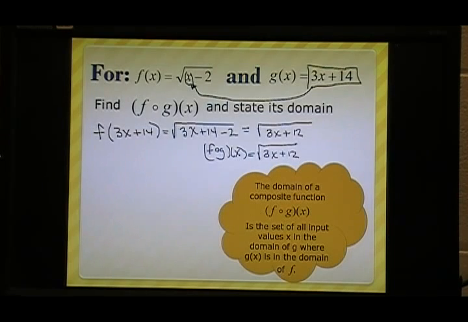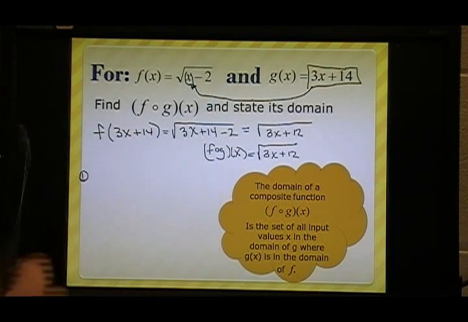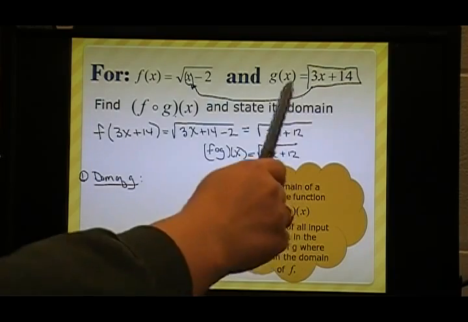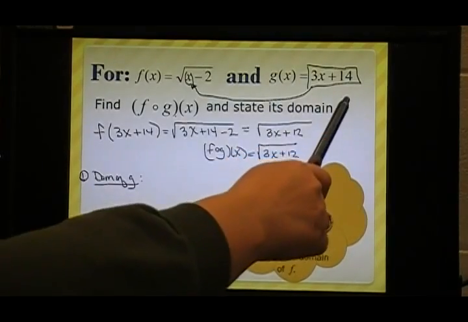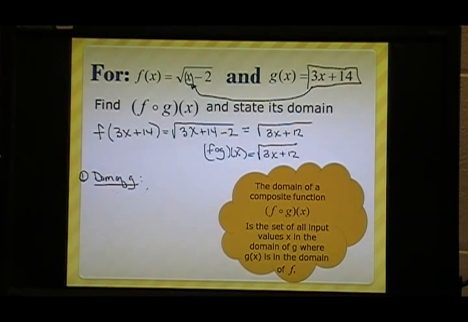So domain, first thing, we need to look at the domain of our input function. And domain of g, again, this is just a diagonal line. I can input any real number and the output will be real. So my domain is any number from negative infinity to positive infinity.